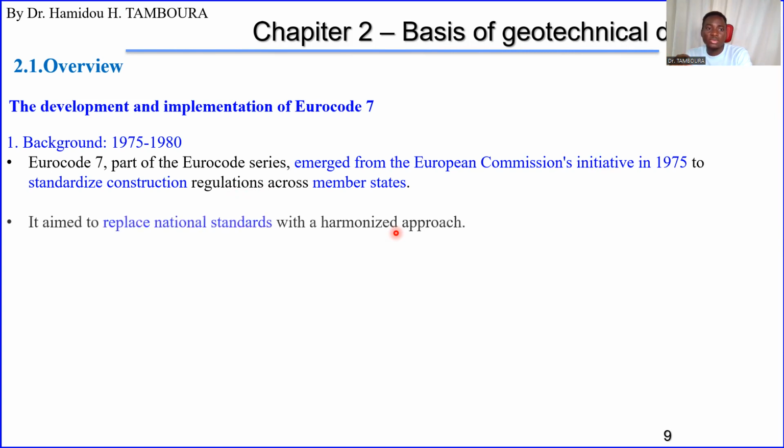So the objective was to replace national standards, because each country had its own national standard before Eurocode 7. They wanted to make it one code for all the countries to harmonize the approach.